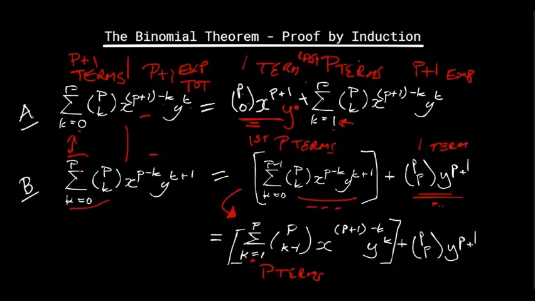So now up here, we want our first term to have k equals 0. But now we've got k minus 1, so because k is starting with 1, k minus 1 will still equal 0. And then our final term will be, sorry, k will be p, so it'll be p minus 1 here, whereas k was already going to p minus 1 up at the top.